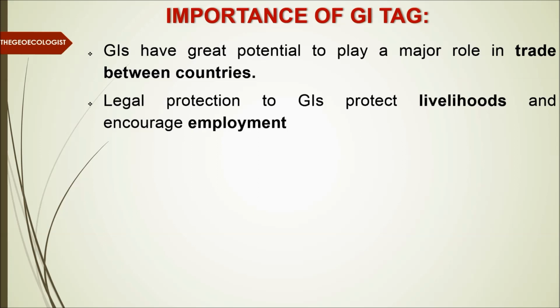And it helps to protect livelihoods. If you're writing an answer in your mains exam in optional, you can relate this example to livelihood security and employment encouragement related to the trade, okay? So products that encourage livelihoods. There is a significant linkage here, right?